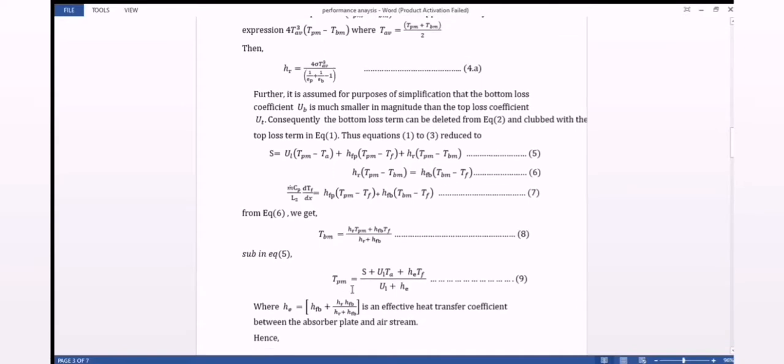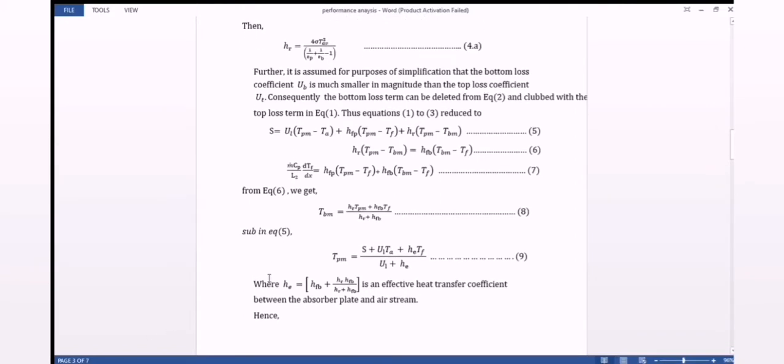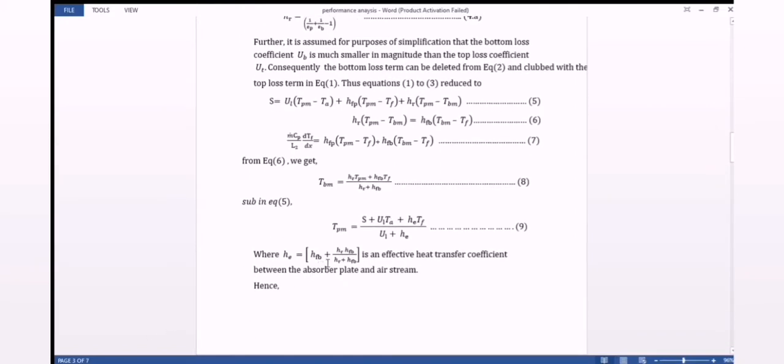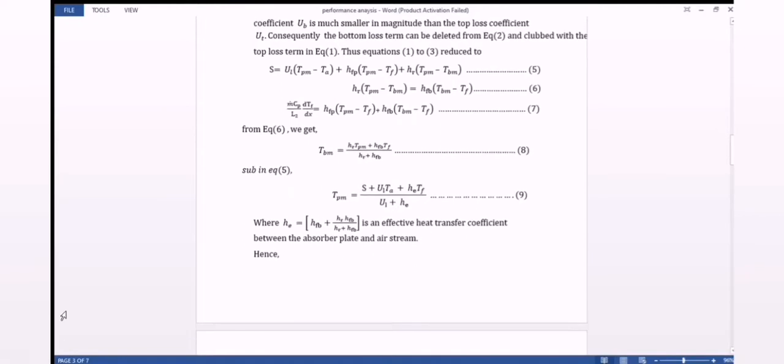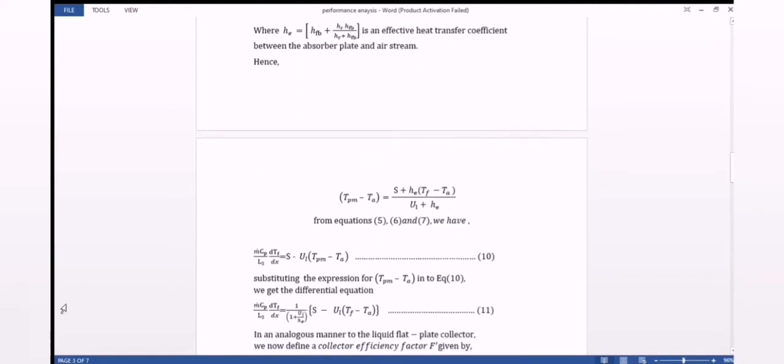Then we get TPM, which is equal to (S plus UL TA plus HE TF) divided by (UL plus HE), where HE is equal to HFB plus HR HFP divided by (HR plus HFB), which is an effective heat transfer coefficient between absorber plate and the airstream. Hence, we can write TPM minus TA, which is equal to (S plus HE into (TF minus TA)) divided by (UL plus HE).